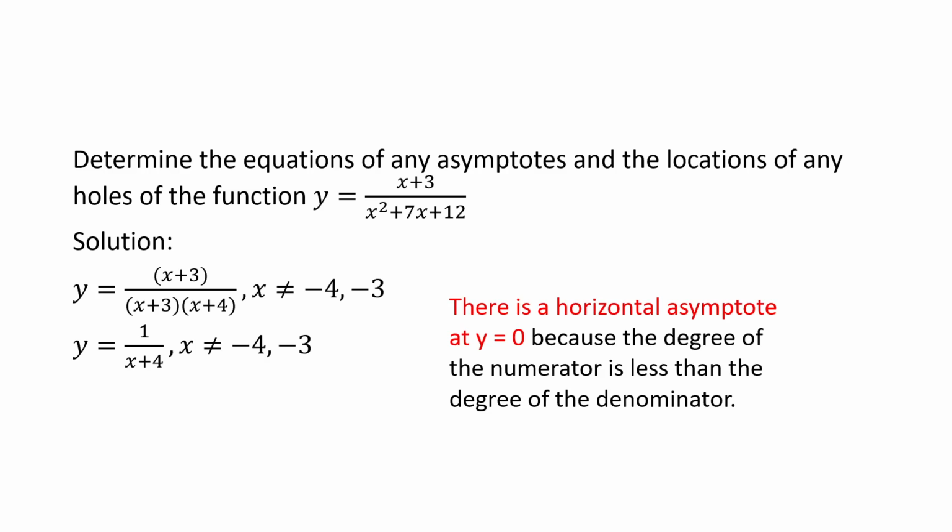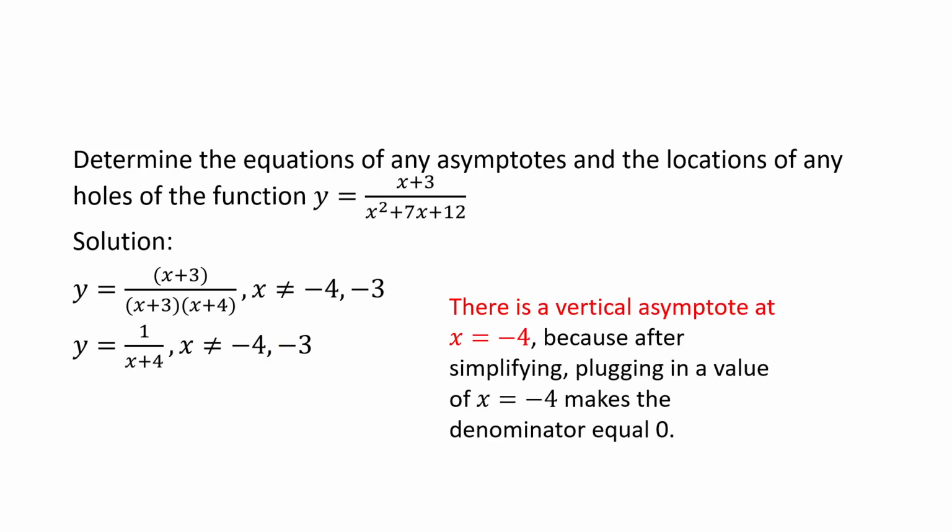Now, in order to figure out the y-coordinate of the hole, we take an x value of −3 and plug it into the simplified expression. But first, let's talk about the horizontal asymptote. The horizontal asymptote is at y = 0 because the degree of the numerator is less than the degree of the denominator. We still have x's after simplifying.